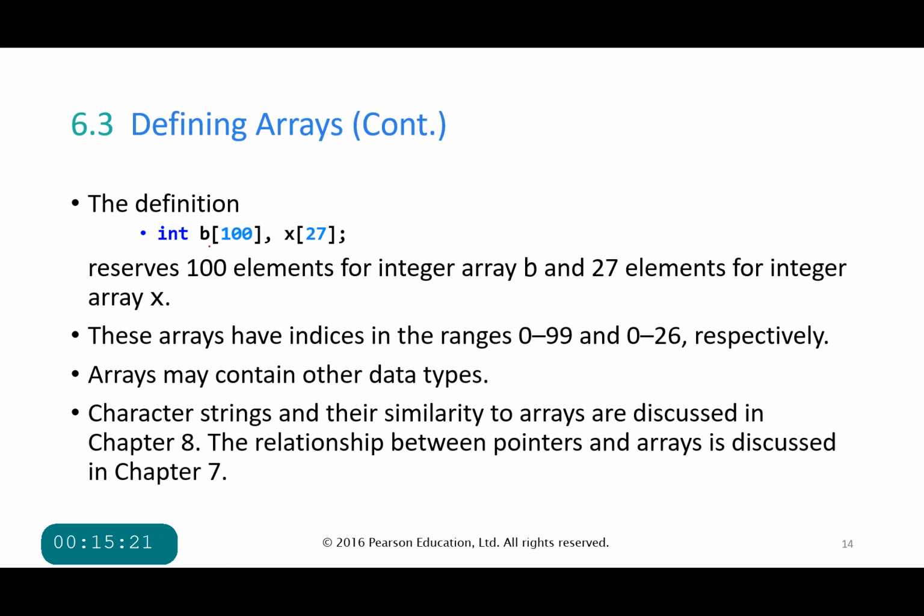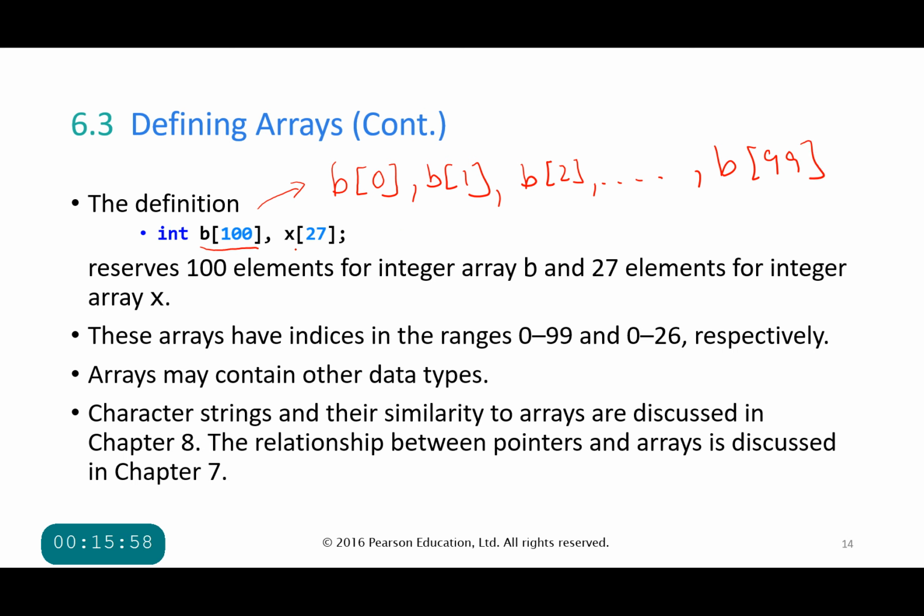Similarly, you have an array B that is being defined over here. B is an integer array consisting of 100 integer elements. The zeroth element, you could call it the first element as well, is B[0], followed by B[1], followed by B[2], up until B[99].